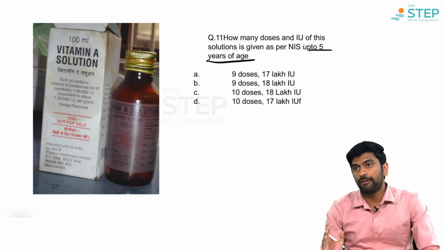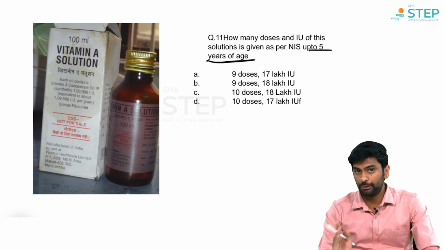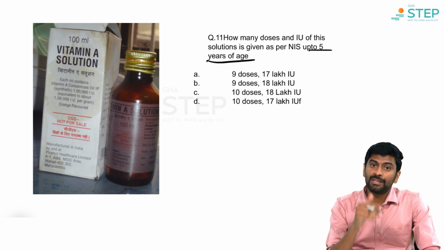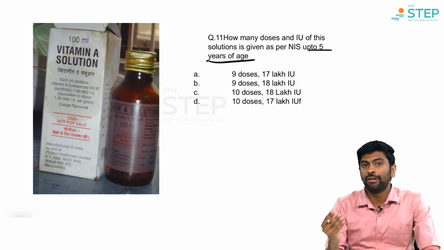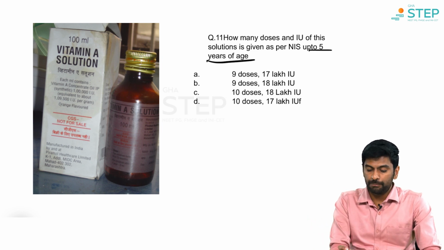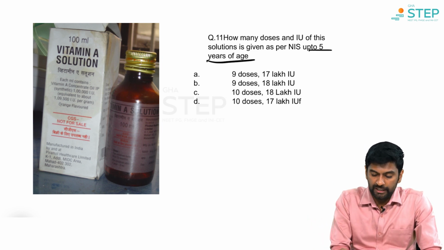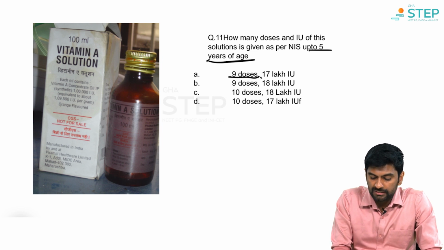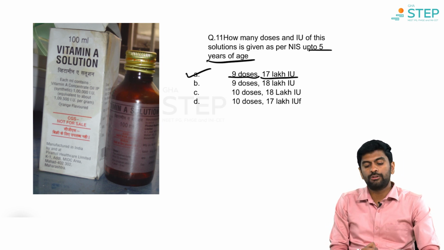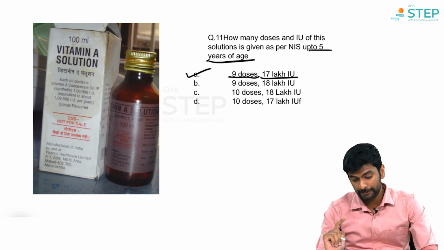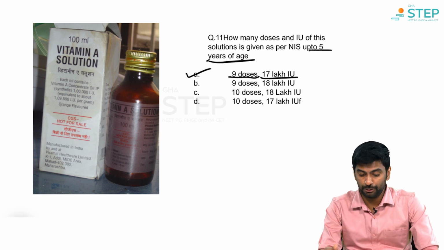And the first dose is given at 9 to 12 months. So you would give it 1 lakh unit, and then subsequently every 6 months, you give 2 lakh units. So that totals up to 5 years of age, we end up giving 9 doses and 17 lakh international units. So the correct option is 9 doses of vitamin A with 17 lakh international units.